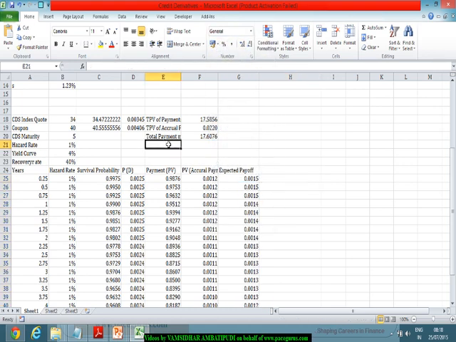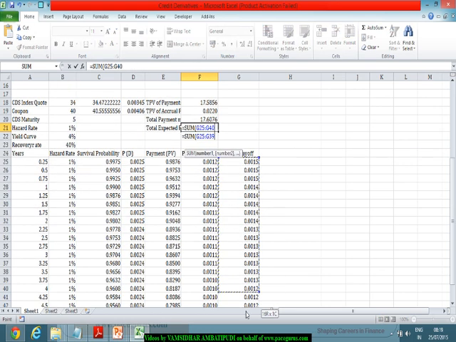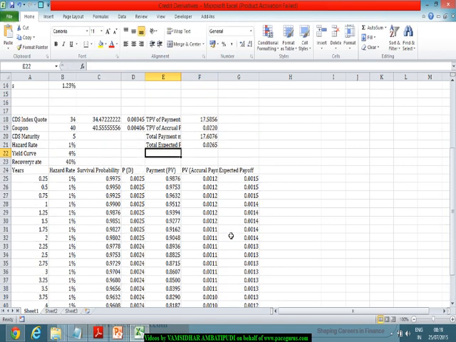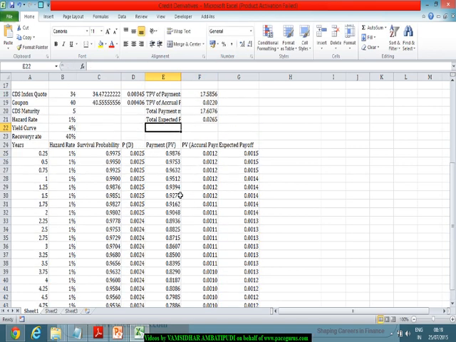So the total expected payoff is working out to the summation of all these. So this is the payment, and this is the expected payoff. From here I can find out the spread, which is nothing but the total expected payoff divided by the total payment. So here it is coming out that the spread is around 0.15%.